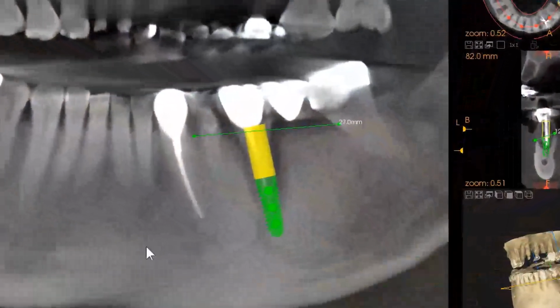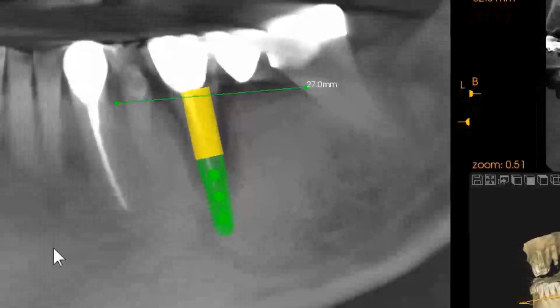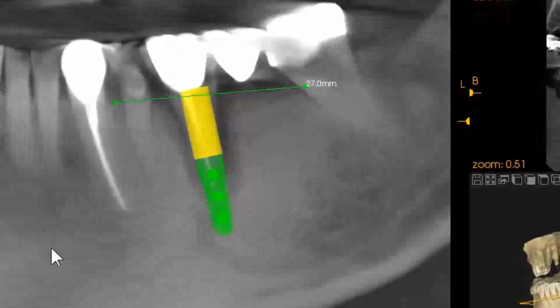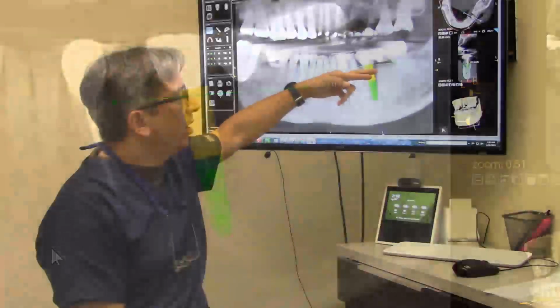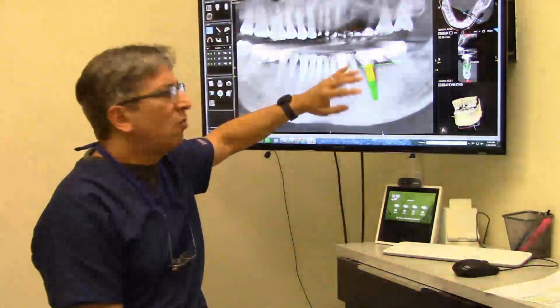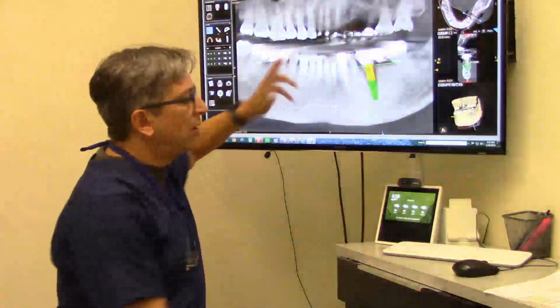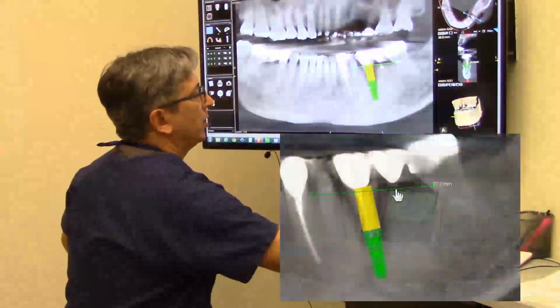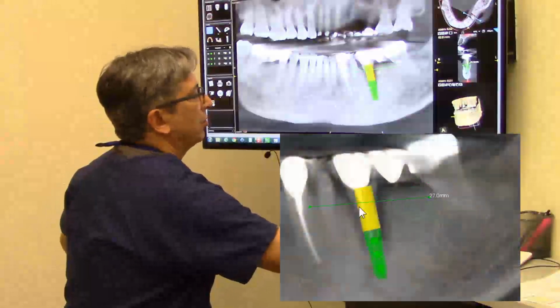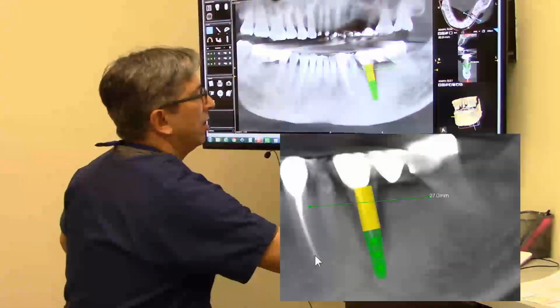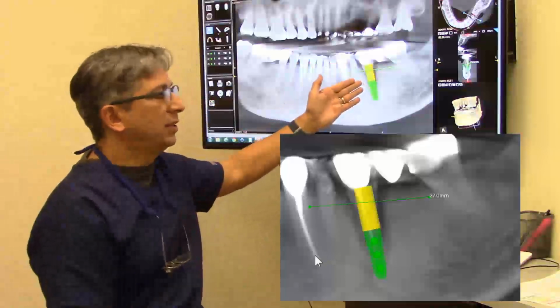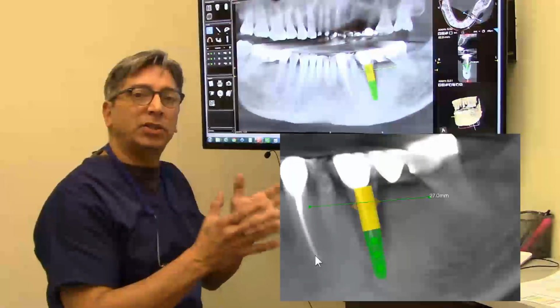Now you can see that if you only had a Panorex X-ray, it would tell you before you start, well, we probably have this much bone, and in a worst case scenario maybe your bone is really down here and your implant's here. Well, in reality, as this heals, you're going to have a major, major defect.